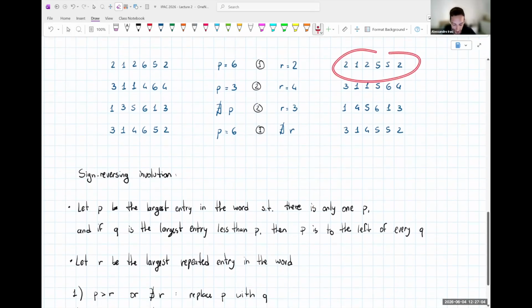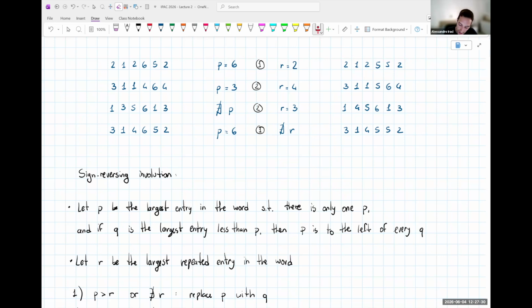Let's try to reverse it and see what happens. So we'll see why this is the case. If we look at this word here, now R is 5, because it's the largest repeated label. And P, well, only one is non-repeated, so there is no P, so we fall again in this case.